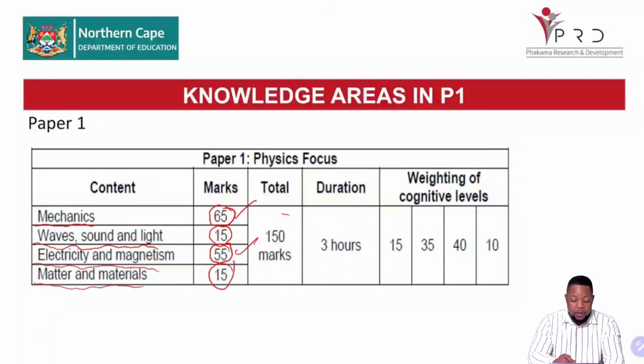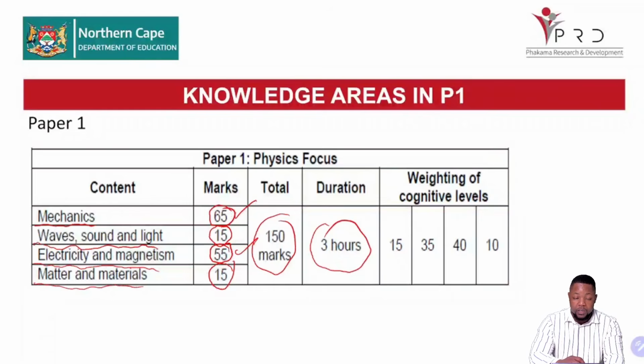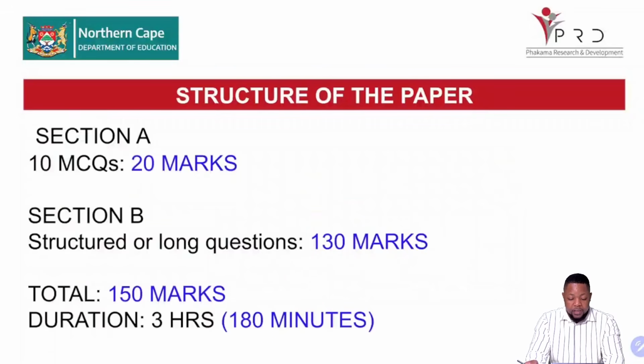The total mark of your paper 1 will be 150 marks, and the duration will be 3 hours, which is 180 minutes. So when you write your paper, just make sure that you are mindful of the time. Let's look at the structure of the paper.